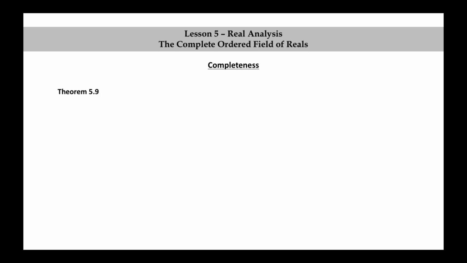Okay, let's prove a couple of theorems about the complete ordered field of real numbers. The first one is called the Archimedean property of R, and it says for every real number x, there is a natural number n such that n is greater than x.